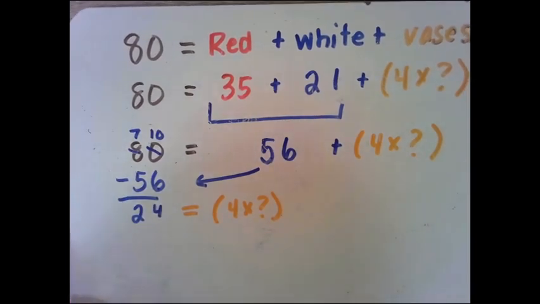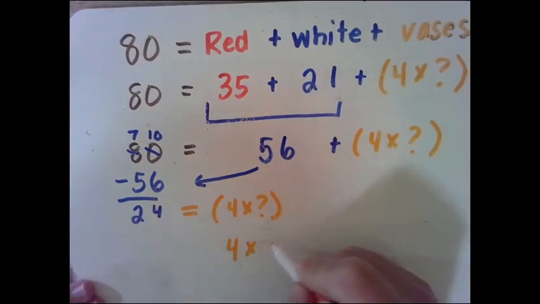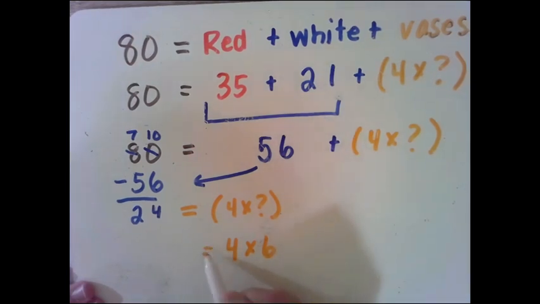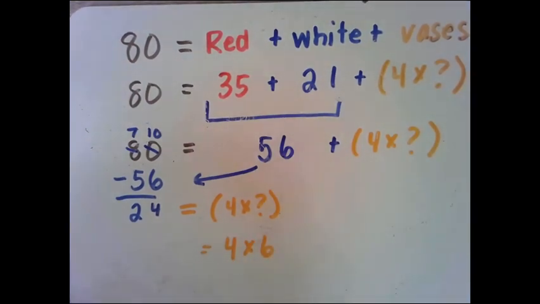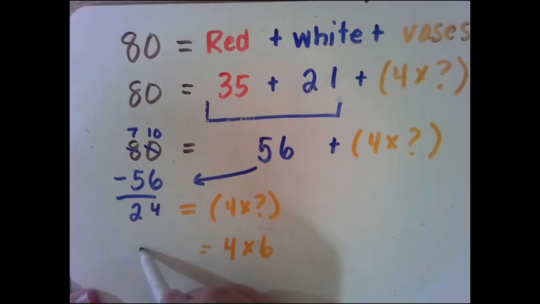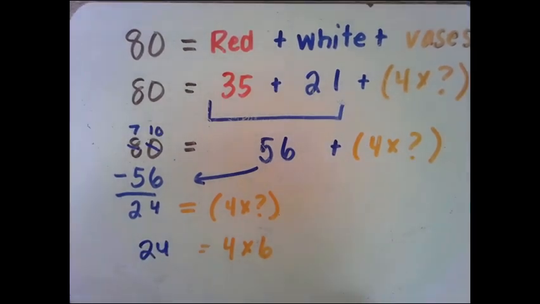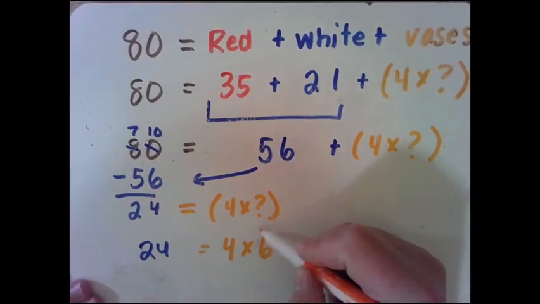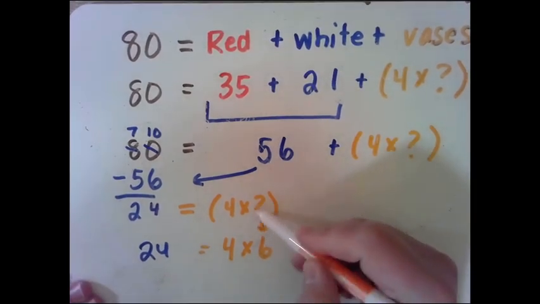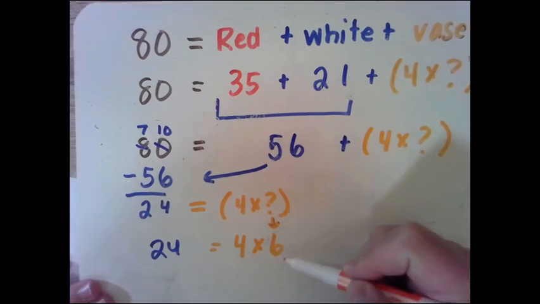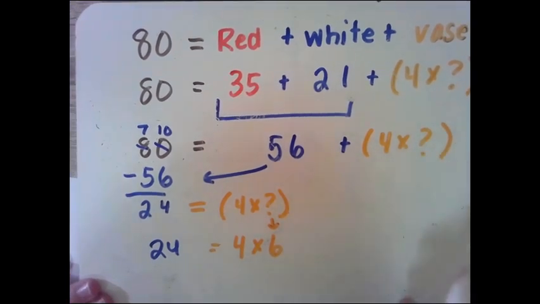If I know my times tables facts, I know that 4 times 6 equals 24. So that means each vase, because this was our unknown, each vase is $6.